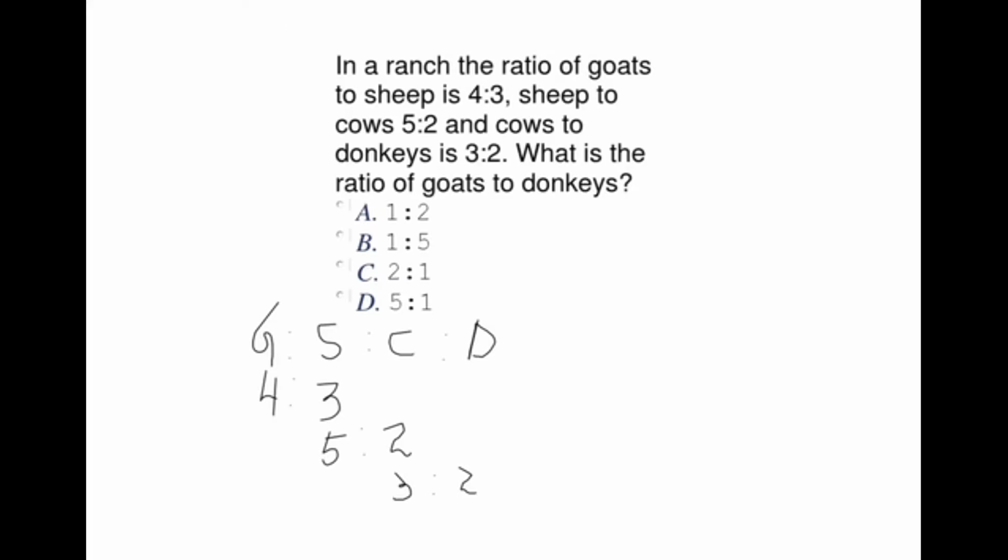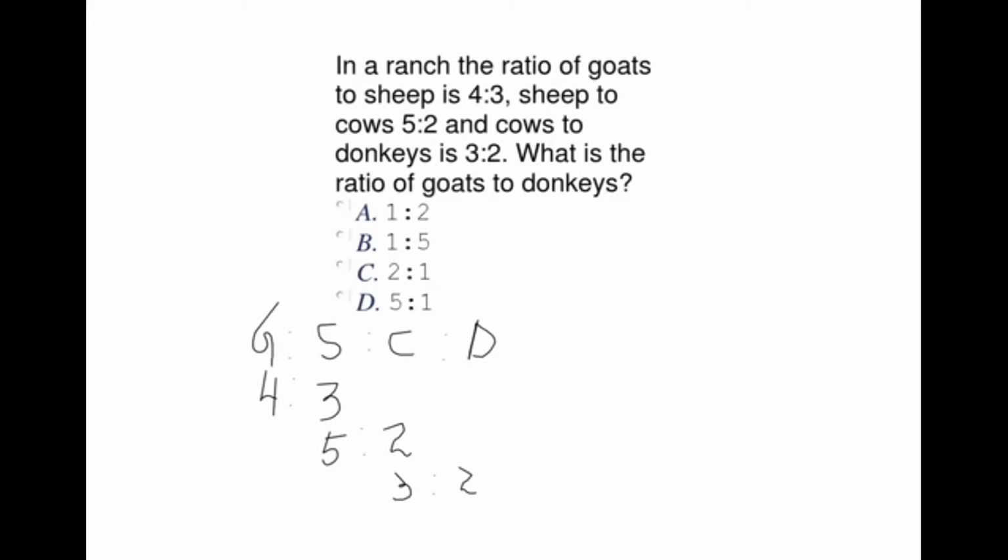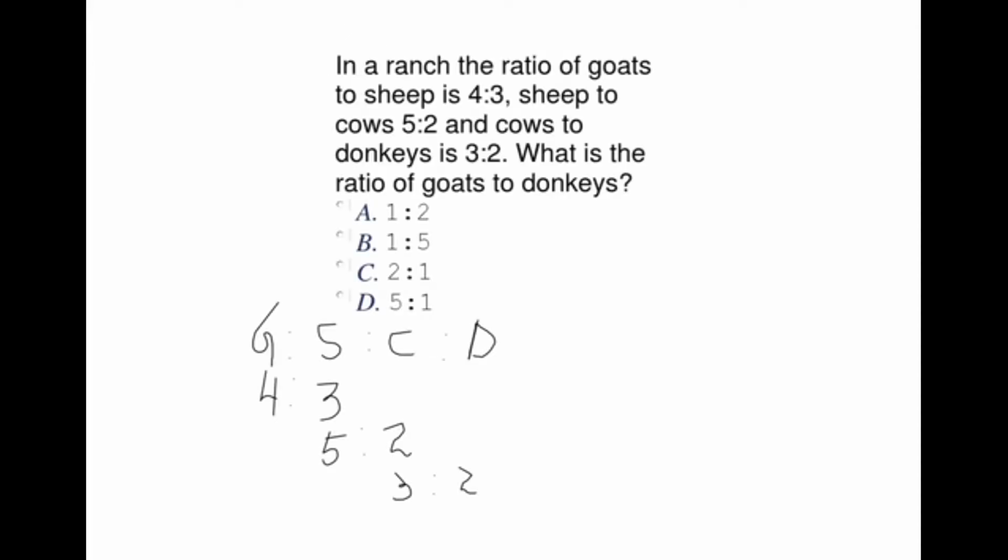So goats to sheep to cows is 4 to 3, then 5 to 2. That is sheep to cows. That is 5 to 2.